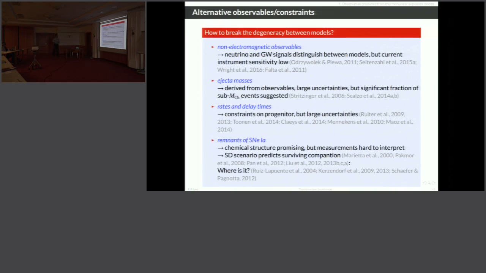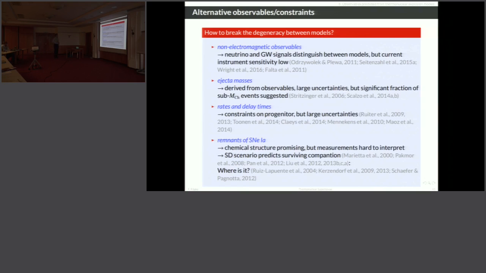Final remnants of type 1a supernovae: in principle, you could hope from the chemical structure of the remnants as studied in X-ray observations to learn more about the ejecta structure, but these measurements are complicated and hard to interpret because in the remnant phase, the ejecta interact with circumstellar material quite substantially.